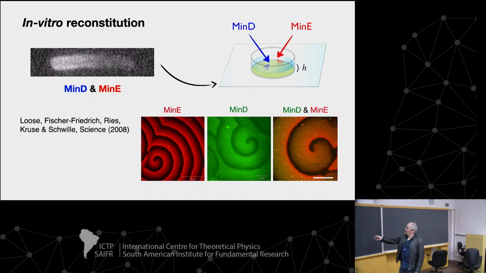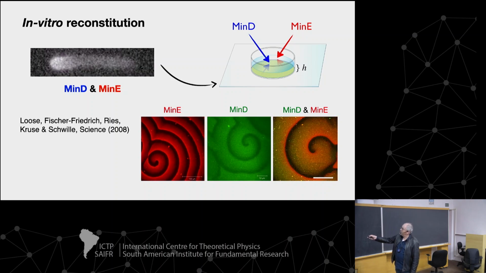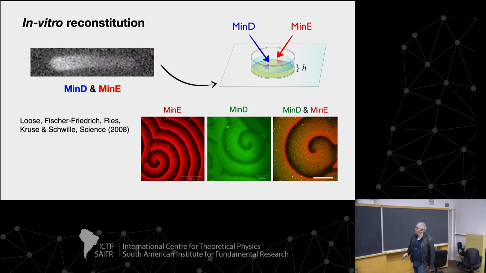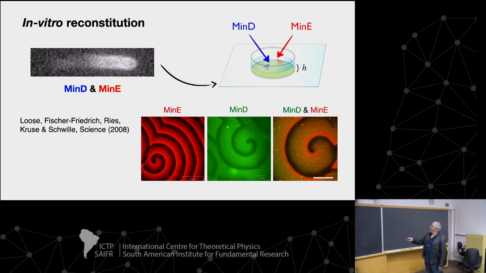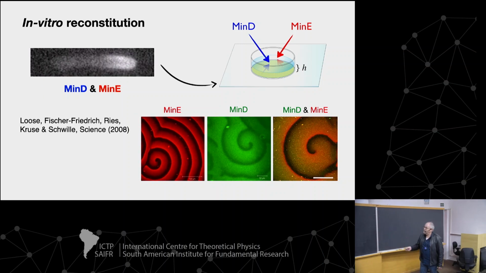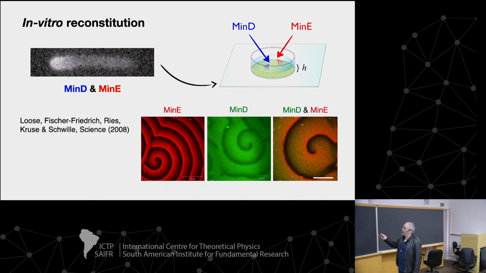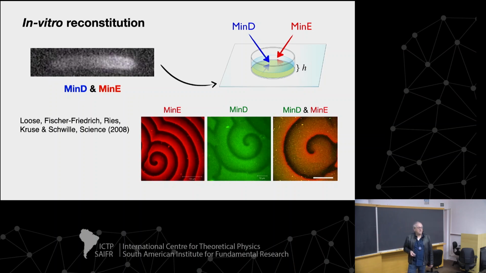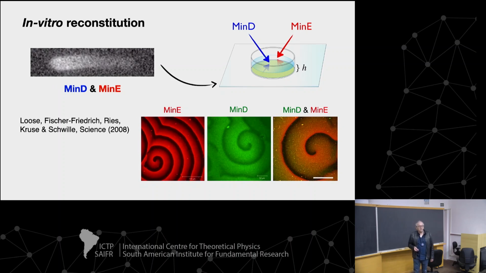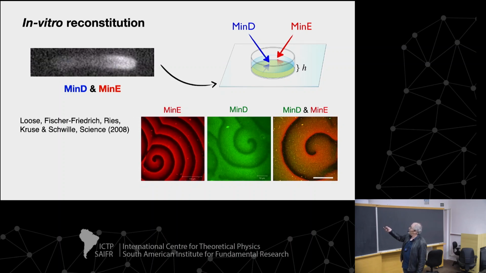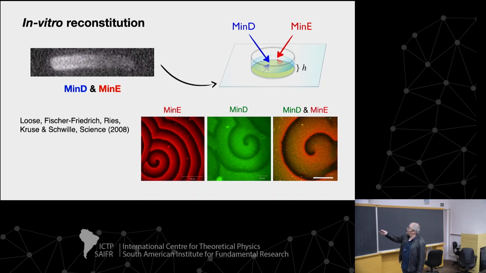And what you get, and this is really a beautiful paper from 2008 from the Schwille group by Martin Loose at that time, what they found is that these proteins that show oscillations in the living system, they show these kind of spiral waves in the reconstituted in vitro system. And they can label the different proteins with fluorescent dyes.